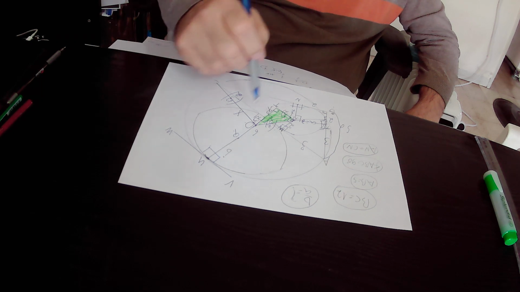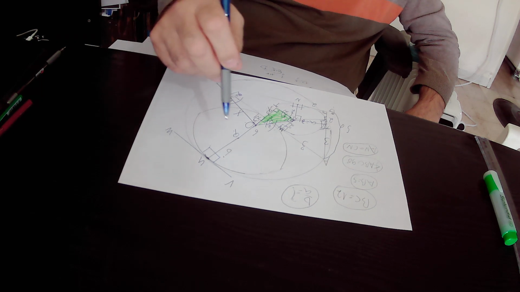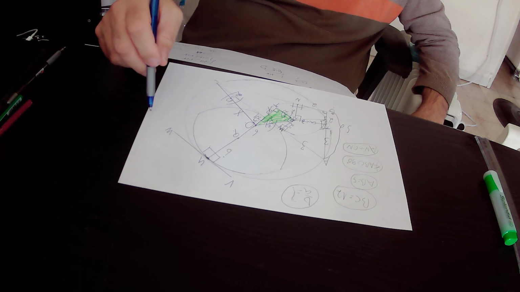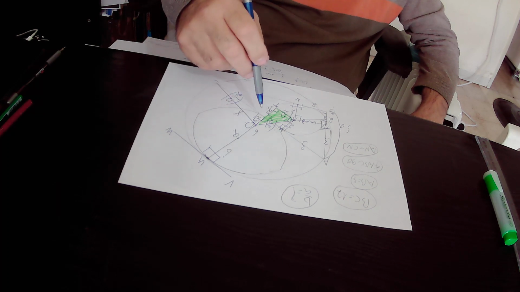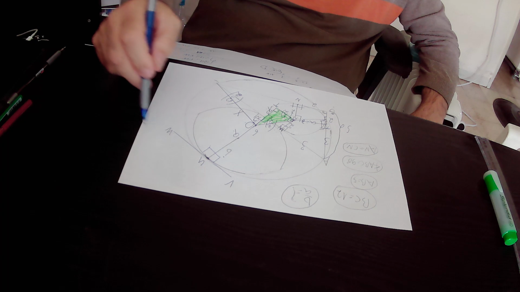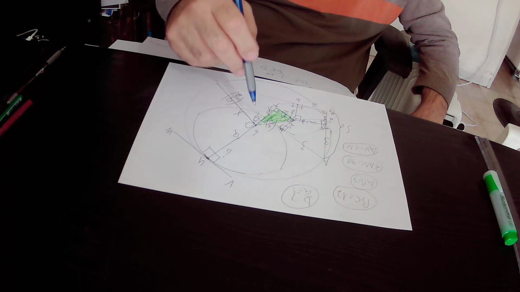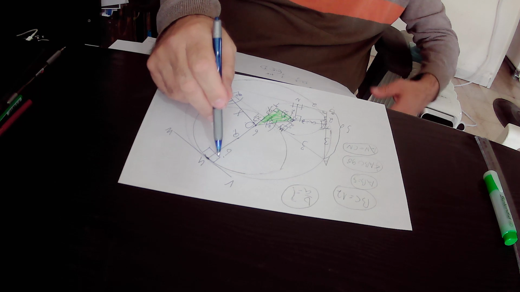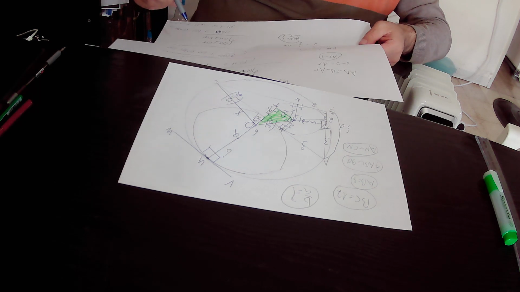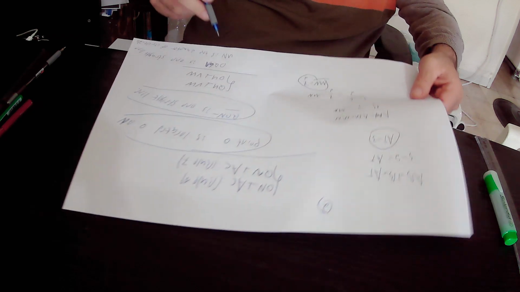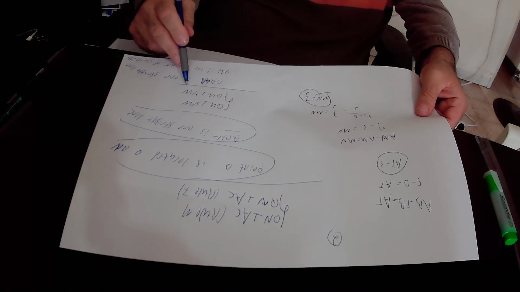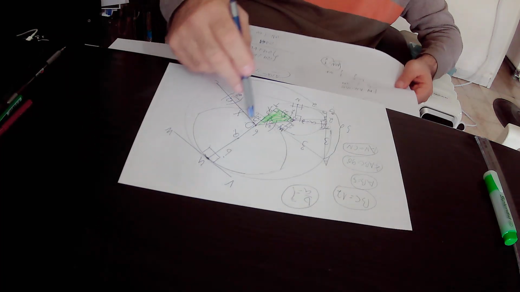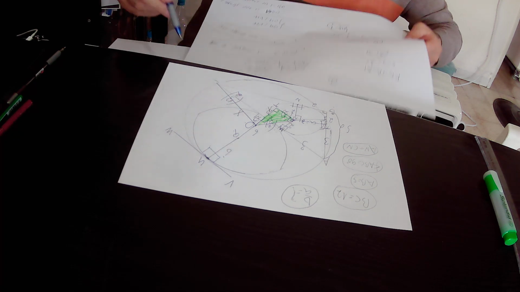And whenever you have a radius that is drawn to the point of tangency, then tangent VW will be perpendicular to the radius UO. If VW is perpendicular to UO, it means that this angle equals 90 degrees and this angle equals 90 degrees. So we can write down that OU is also perpendicular to tangent VW.